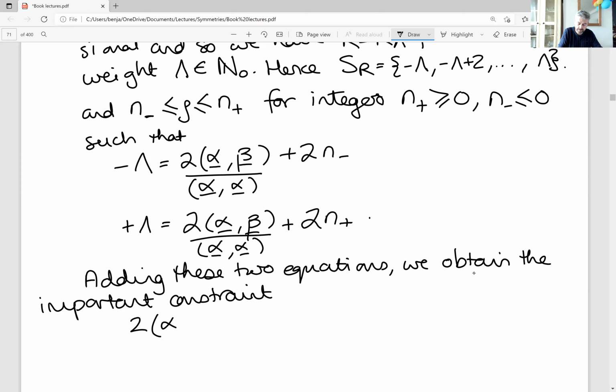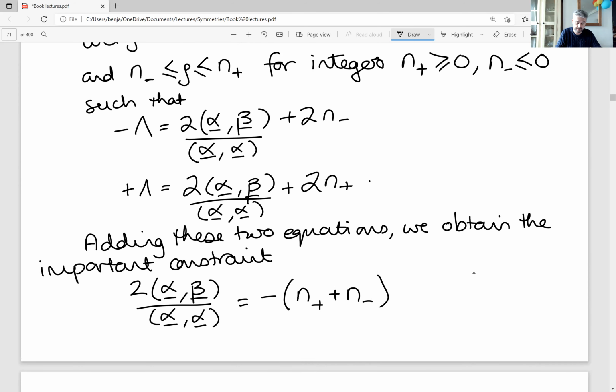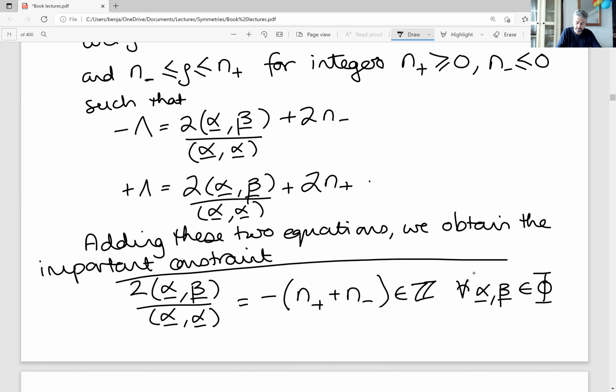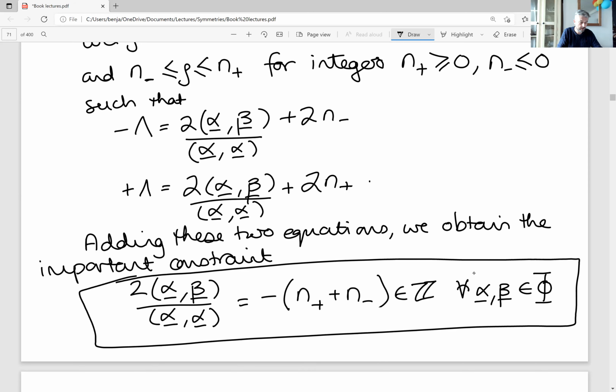That's 2 inner product between alpha and beta over inner product of alpha with itself is equal to minus n plus n minus, and this is an integer. This equation holds for all alpha and beta in the root set. This equation I'm calling 6.8.